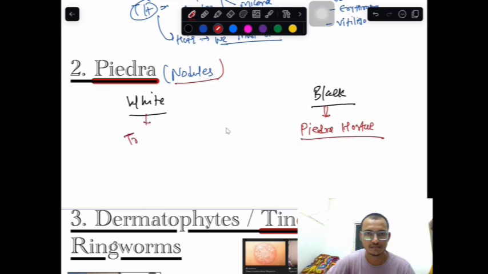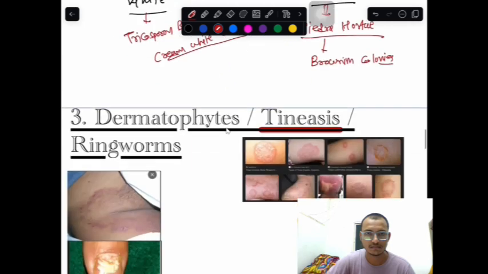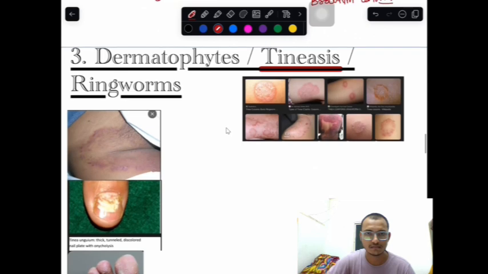Its name is Trichosporon beigelii. They give a creamy white colony, and the black one will give a brownish colony, right?